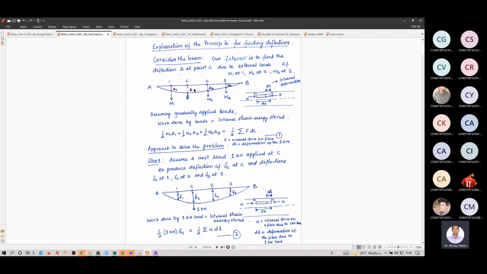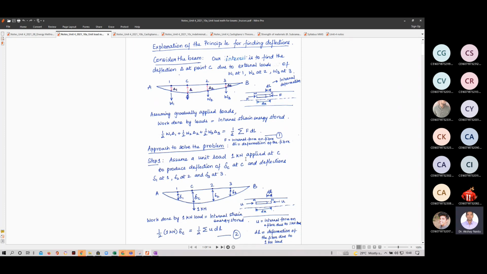I want to find delta at C. For that, I assume first a unit load is applied at C. So assume a unit load, 1 kilonewton, applied at C to produce a deflection delta C. So due to the external loads, the deltas are capital delta 1, capital delta 2, capital delta 3.